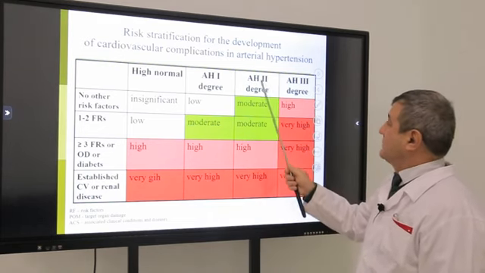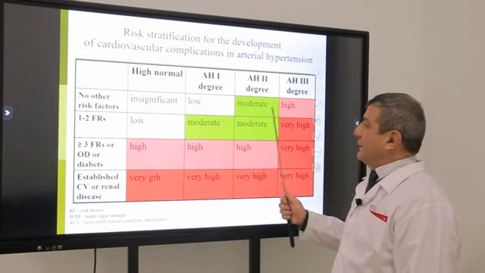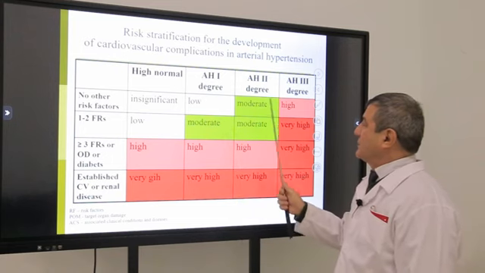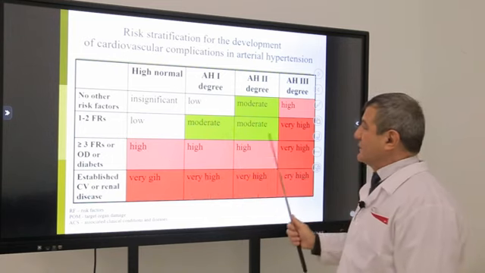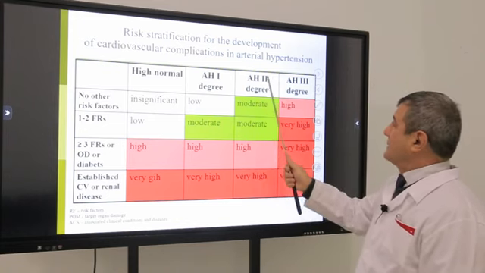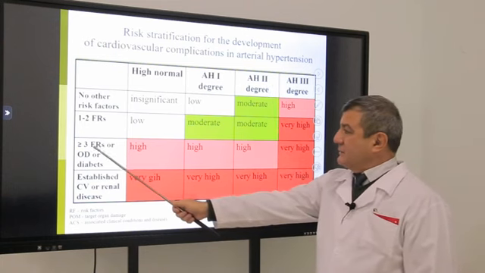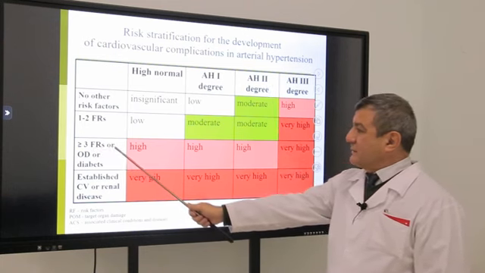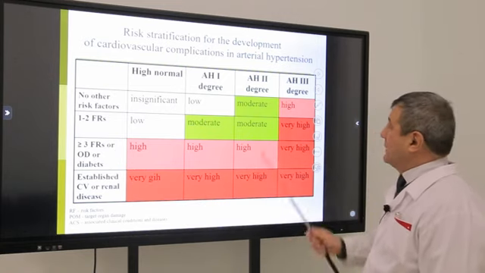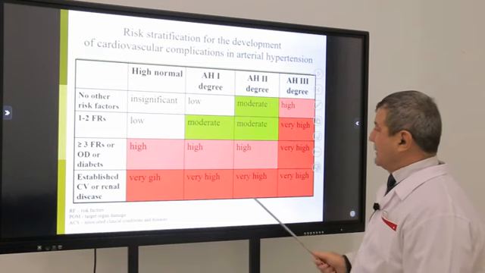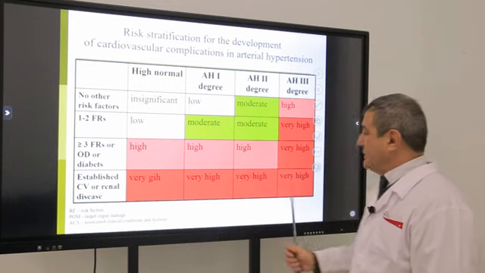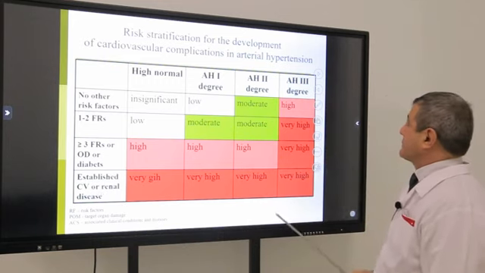Arterial hypertension 2nd degree, even if the patient doesn't have any risk factors, we say moderate risk. 1 or 2 risk factors is also moderate risk. But 2nd degree with 3 or more risk factors or organ damage or diabetes mellitus is high risk. 2nd degree with cardiovascular disease or renal disease is very high risk.